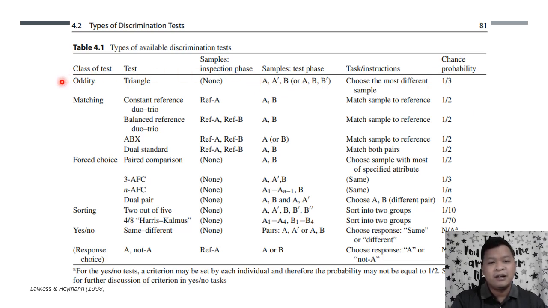Okay, there are matching types like the duo trio test. So triangle and duo trio are the most common, and that's what we will be focusing on. In this case, you have three samples, however, one, instead of being labeled with a 3-digit random code, yung isa ay reference mo. So, kaya siya tinawag na matching kasi ima-match mo kung alin yung reference doon sa dalawang coded sample mo.